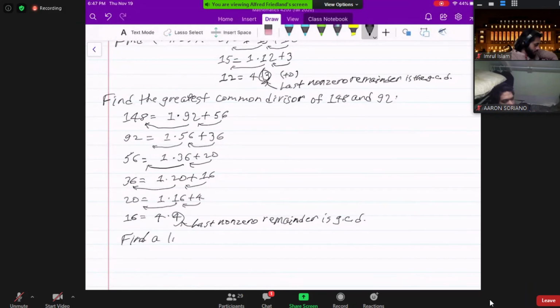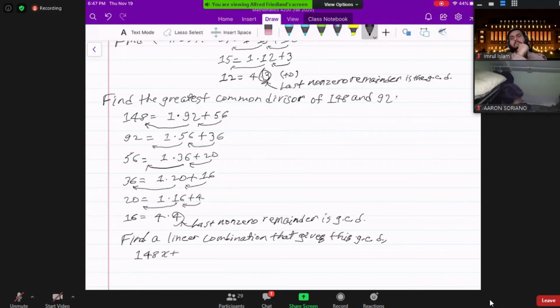So if you wanted to find a linear combination that gives that greatest common divisor, it would be 148x plus, I'll tell you why I hesitated, plus 92y.